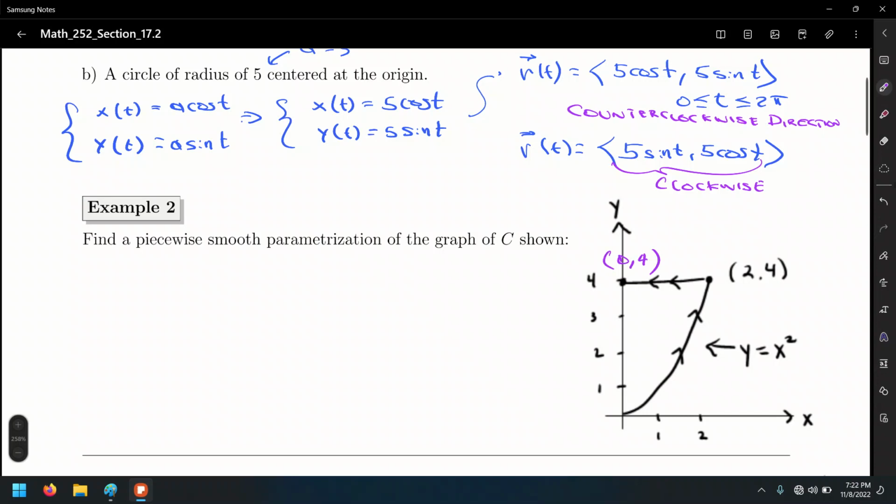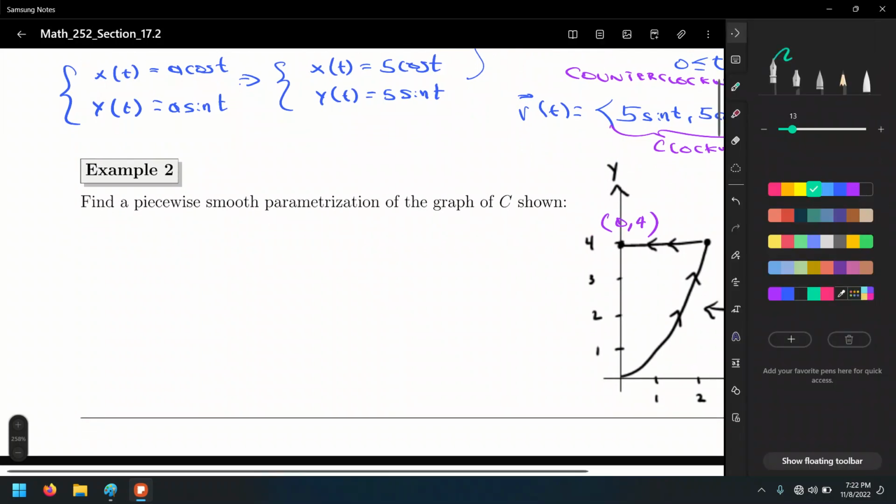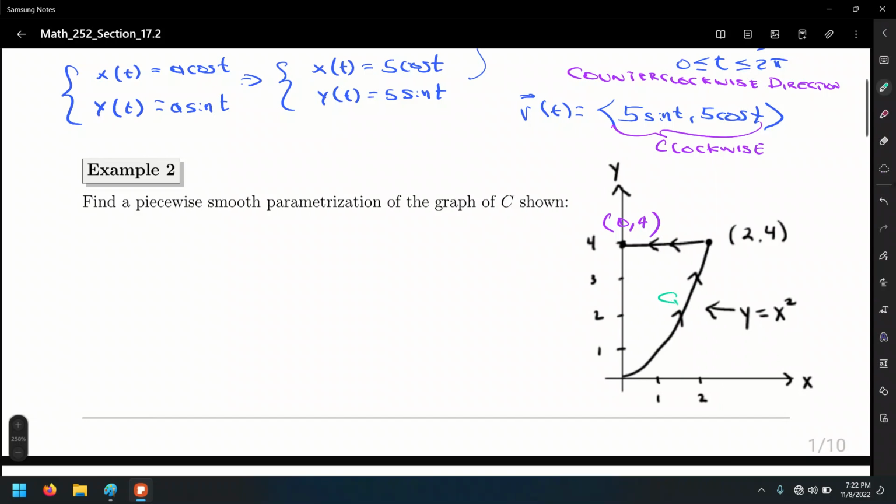Again, that's going to take us back to calculus 2 to parameterize y equals x squared. For the second part, it's going to be very similar to what we did in the first example. So let's label them: let's call this C1, and let's call this C2.